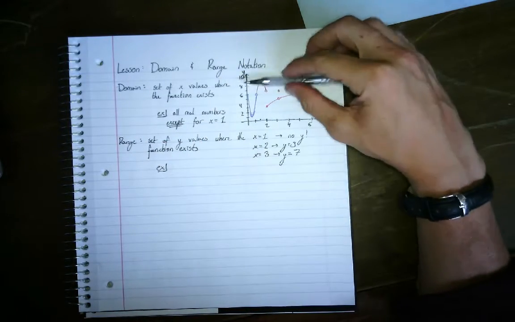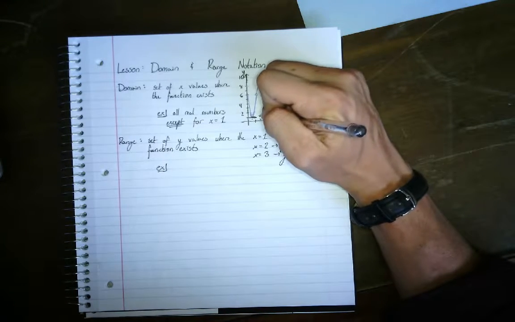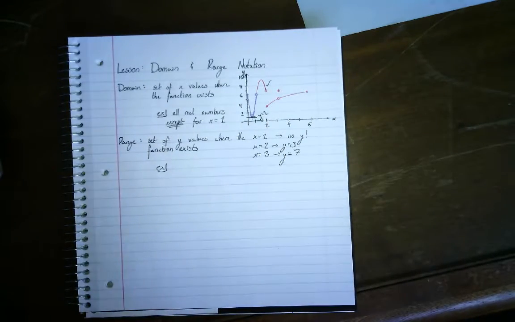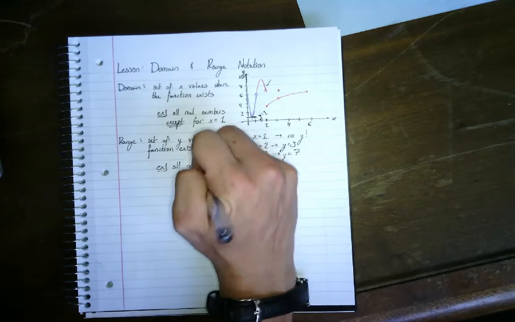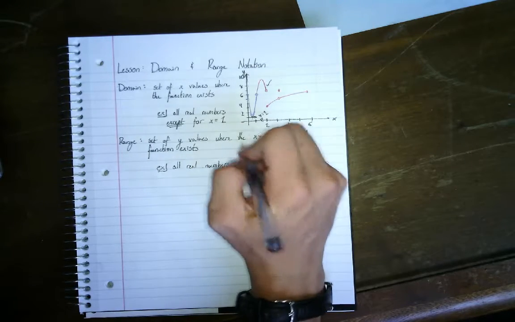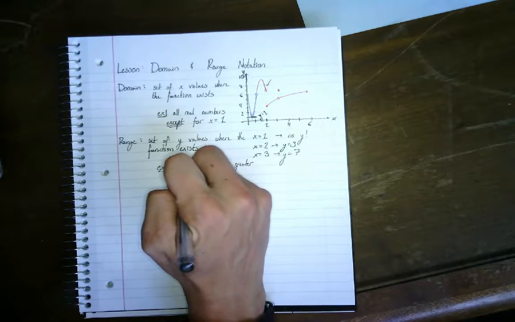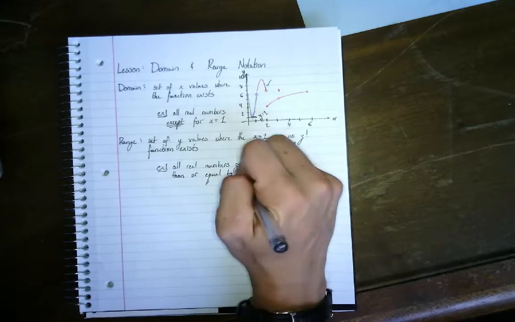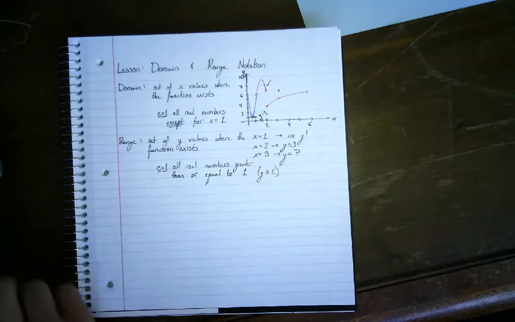We have some y's, but notice how our function kind of bottoms out right here at y equals 1. So we know that our range is going to be every value, or all real numbers greater than or equal to 1, or y is greater than or equal to 1 here.